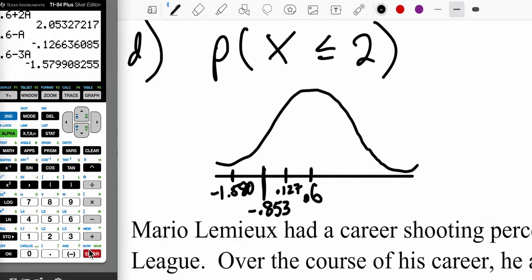And then we're going the other way. So all this stuff again, just with a plus sign. 1.327.